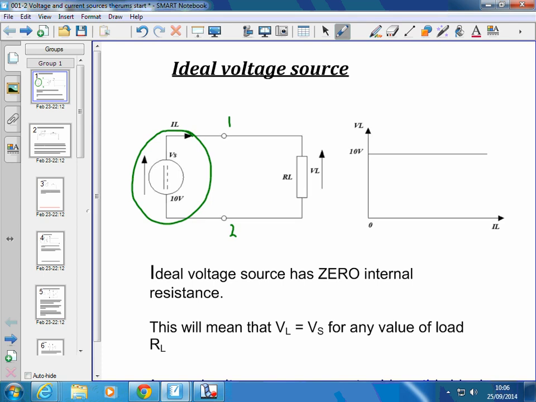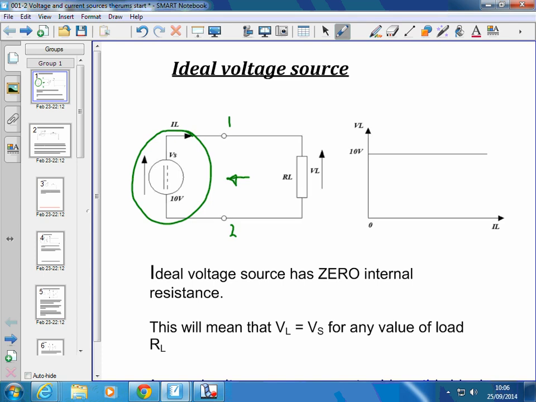So that would be an ideal voltage source. Its internal resistance, looking into the terminals there, is 0. It doesn't have any resistance. Because if there was a resistance involved in there, when we put some current through it, we'd drop or lose some voltage across it. But this is ideal.